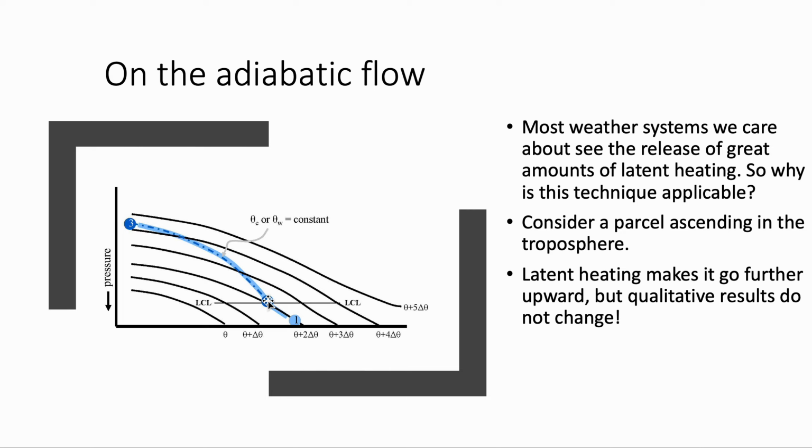The qualitative behavior of the parcel is still the same. Quantitatively, this parcel is crossing a number of isentropes, but qualitatively, it's still ascending. It's still doing the same thing.